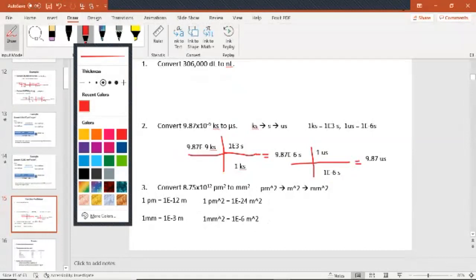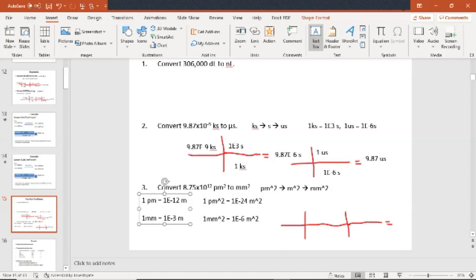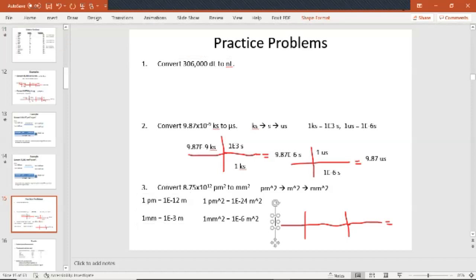So this one I'm going to show you all in one step so you can see the difference. So we start with 8.75 e to the 12 picometers squared.